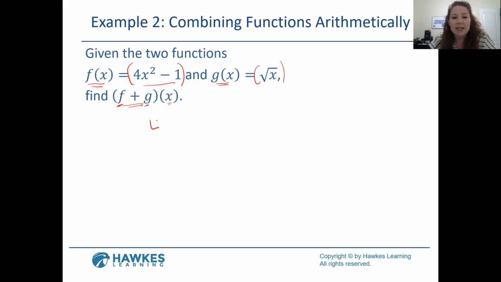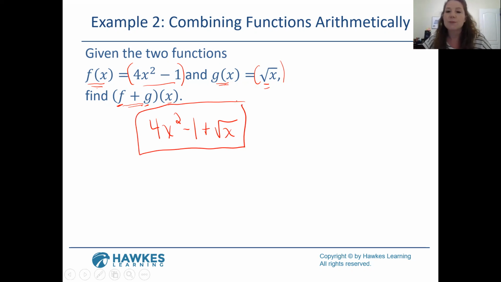So f is 4x squared minus 1, and we're going to add it to g, which is square root x. Now, if there was anything for us to combine, we would actually combine like terms, but there's nothing to combine, and so we are finished. That's the answer.